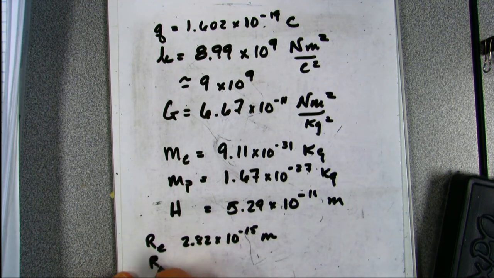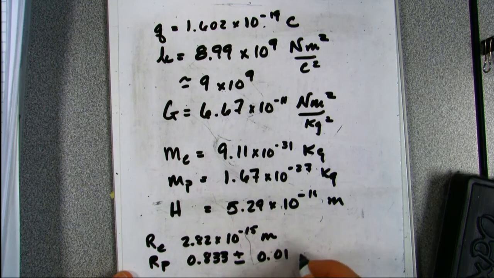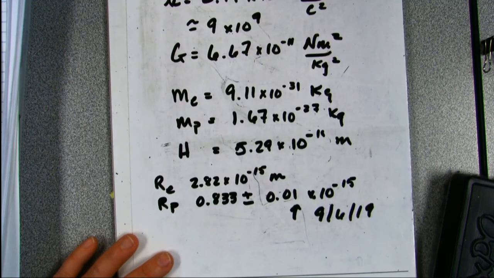And the radius of the proton is 0.833 plus or minus 0.101 times 10 to the minus 15. And that was measured on 9/6/19. And those are femtometers, if you want to know the actual prefix.